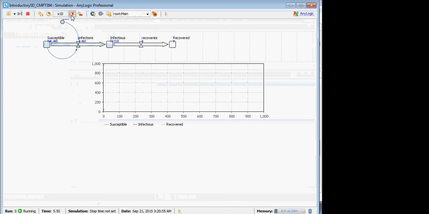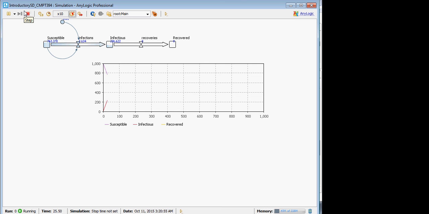Here we go. You should be able to see in this graph the number of people susceptible, infectious, and recovered. And what lies before us, ladies and gentlemen? What do we see, and why do we see it?